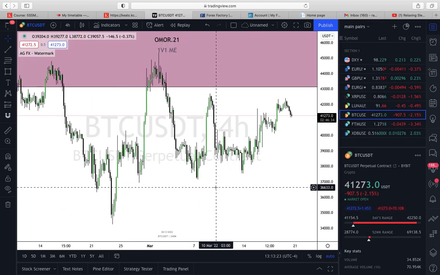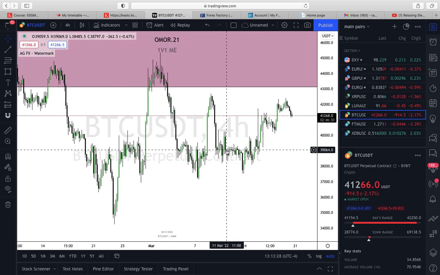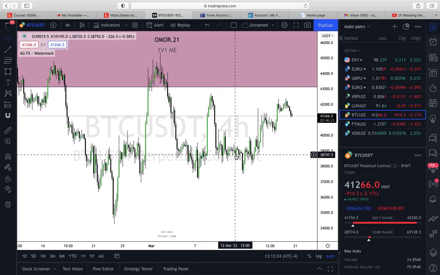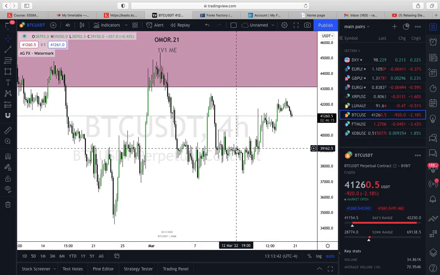Let's zoom out this. Who would trade this in their right mind? Let's say you took a trade here, to buy. It's the 11th of March. For 2 whole days, you're seeing barely anything within this. You don't want to trade moves like that.